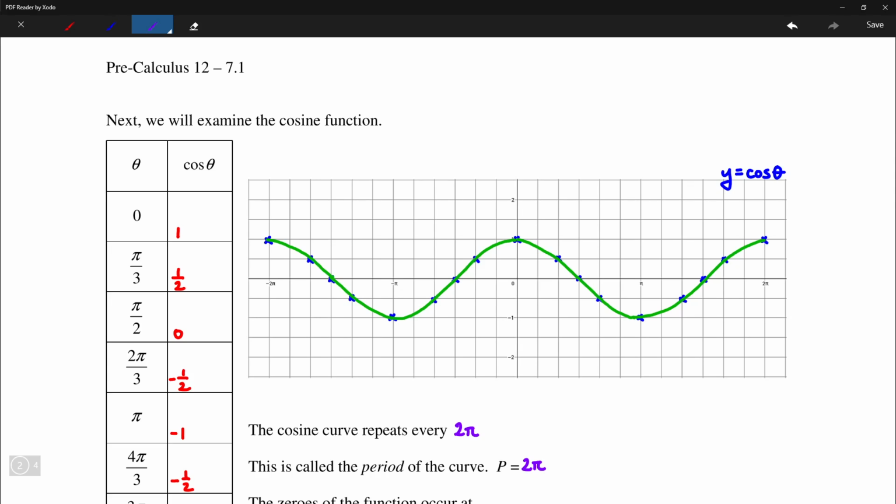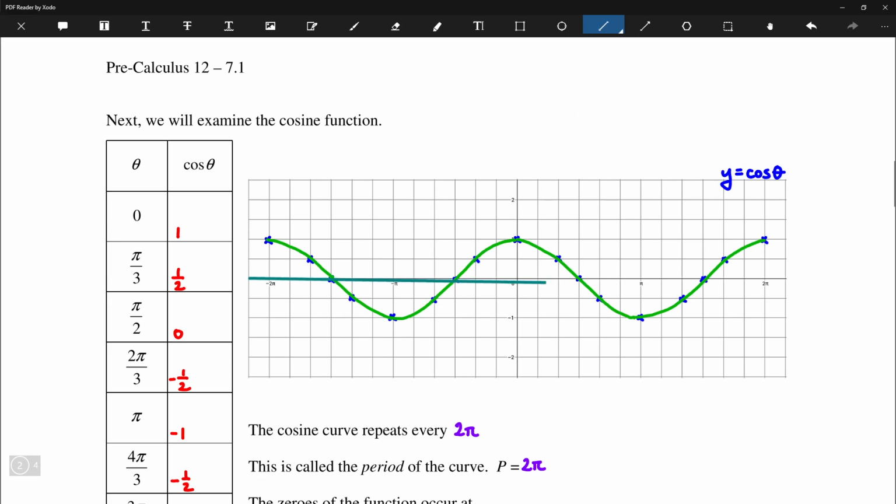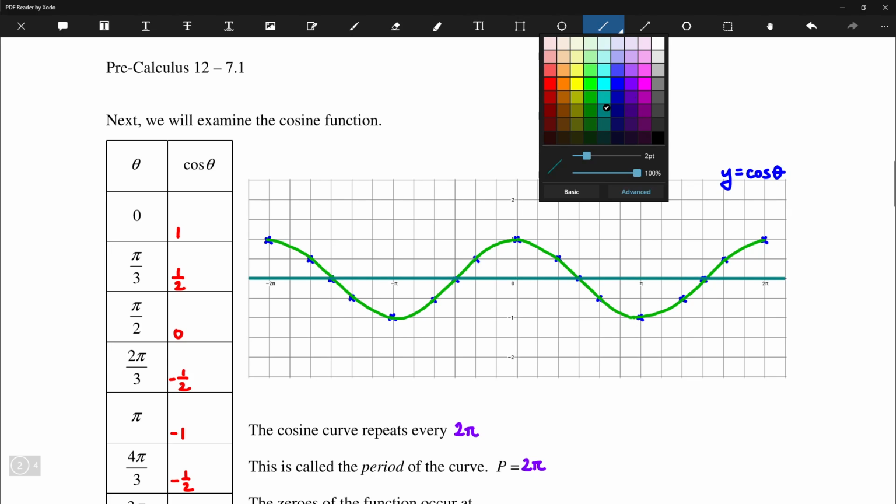It also has the same center line and amplitude. So the center line is once again going to be y equals 0. And the amplitude is going to be 1.